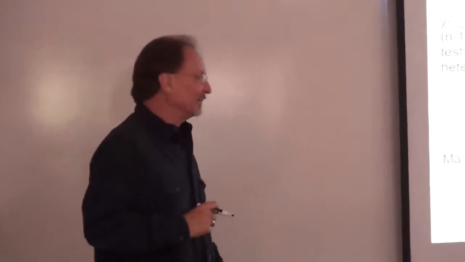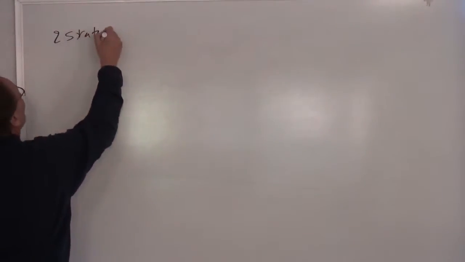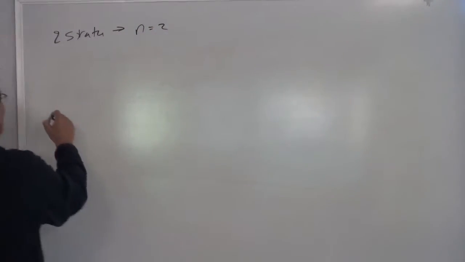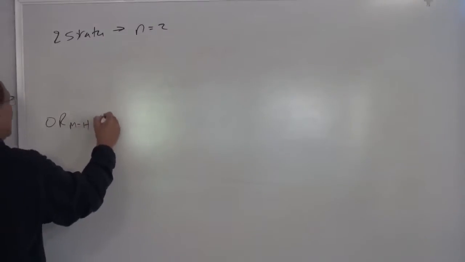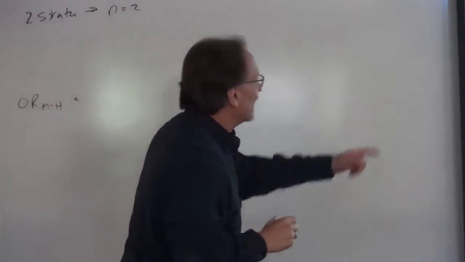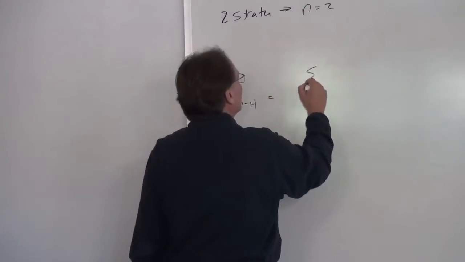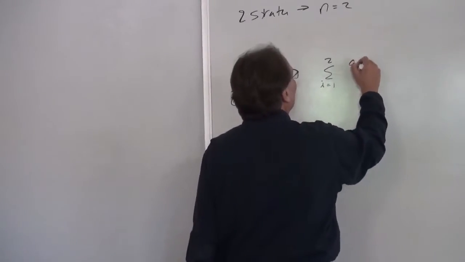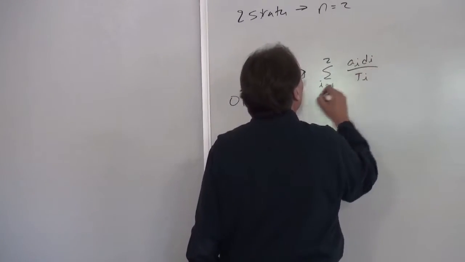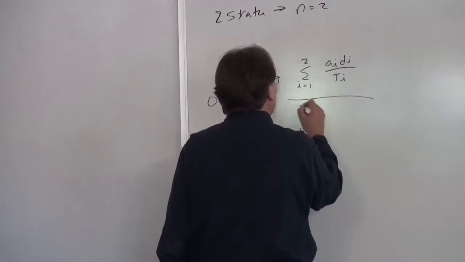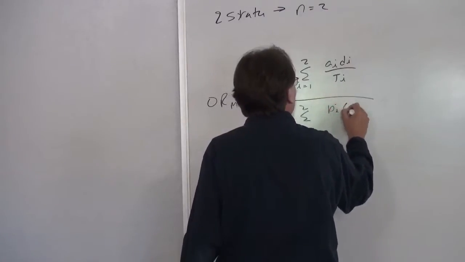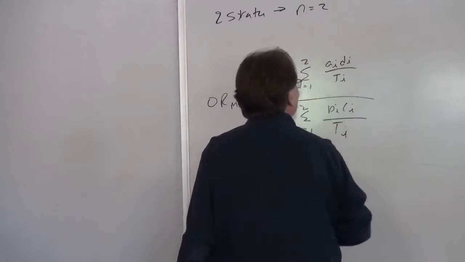Let's say we have two strata. Then n is equal to 2. Our Mantel-Haenszel odds ratio would look like, and I'll write this out symbolically, the summation from i equals 1 to 2 of AiDi over Ti, over the summation i equals 1 to 2 of BiCi over Ti.